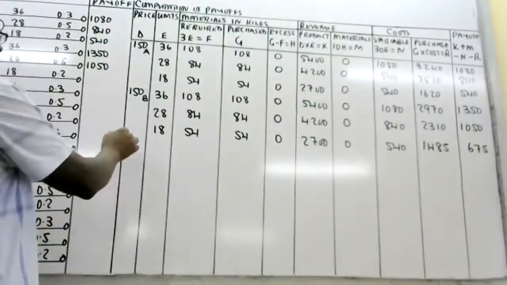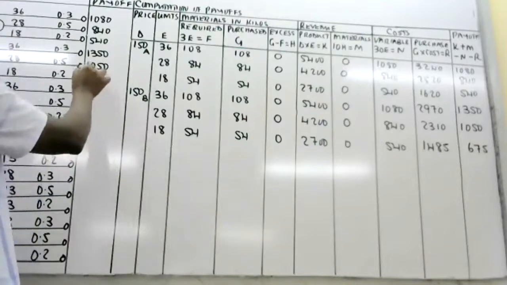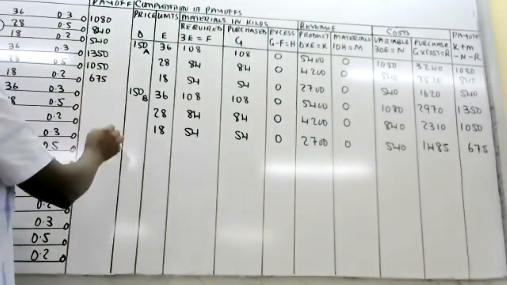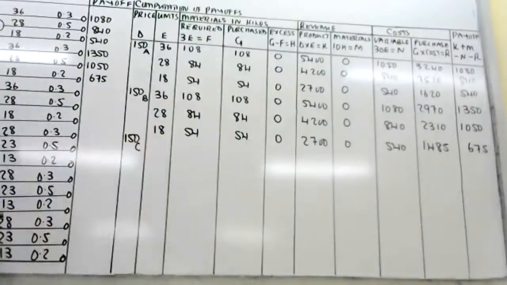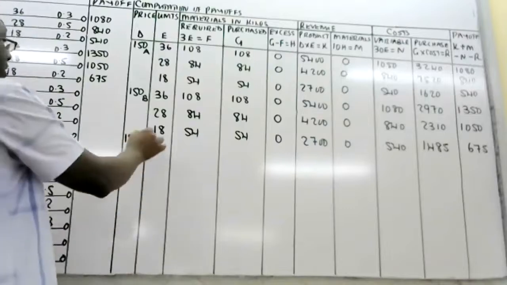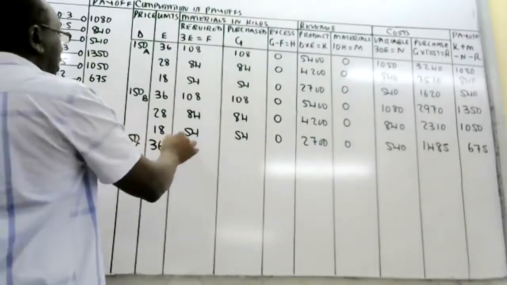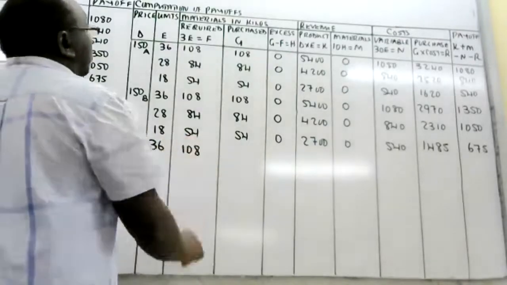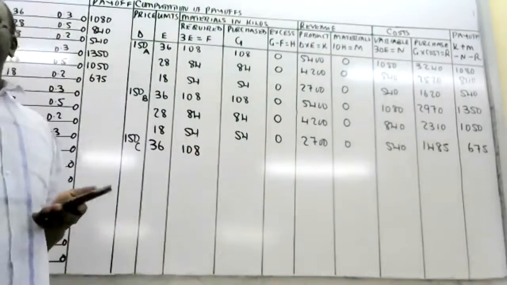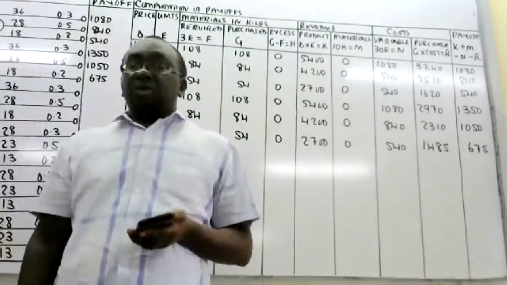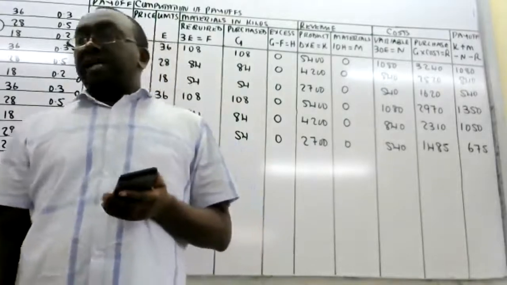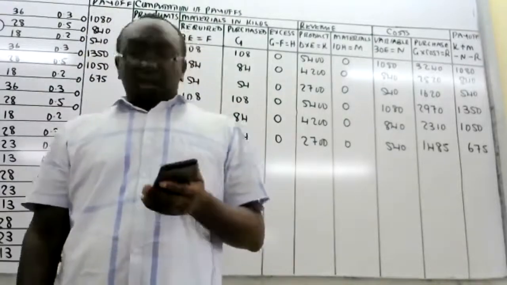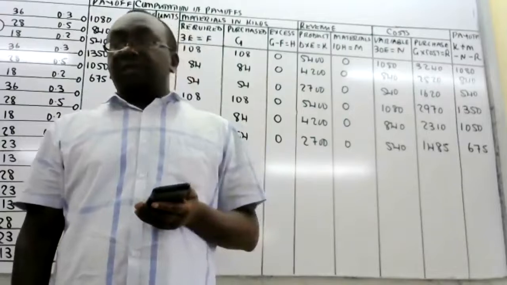Let's go to 150C. Here we put 675. Let's go to 150C now. So 150C, the units are still 36. So this is 108. But now, when you look at the instructions in option C, we are told that you buy a minimum of 70.